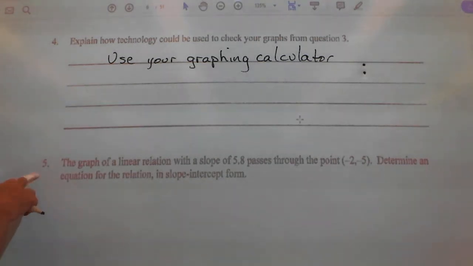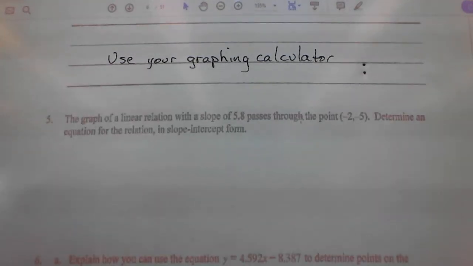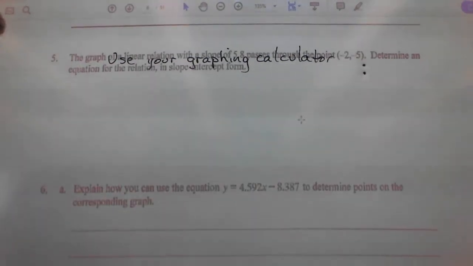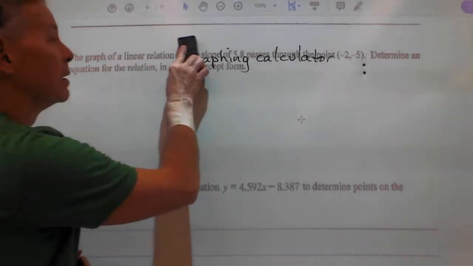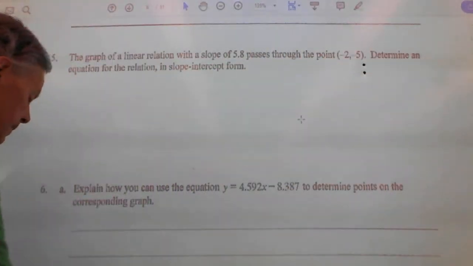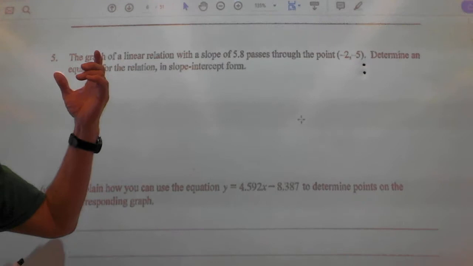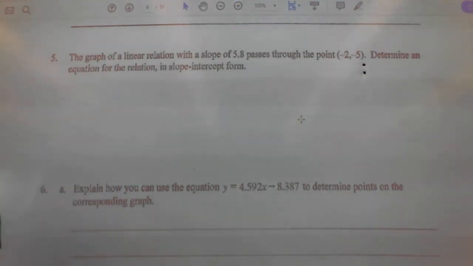The graph of a linear relation with a slope of 5.8 passes through the point -2, -5. Determine an equation for the relation in slope-intercept form. So, what are we missing here?